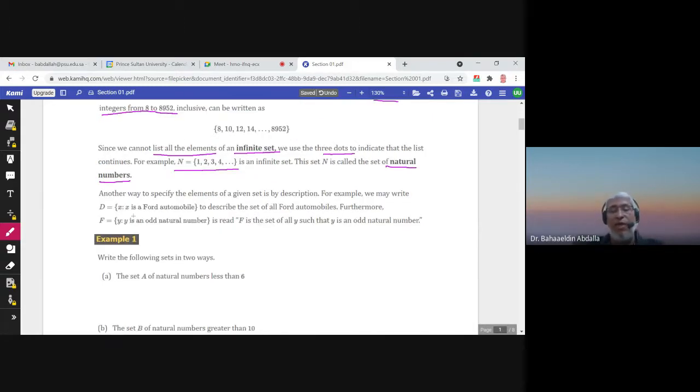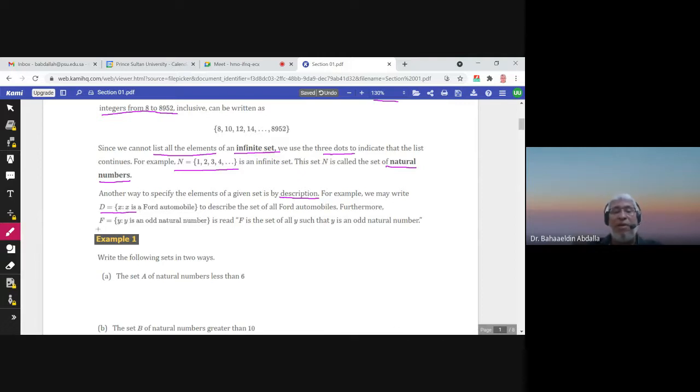The second way to specify the elements of a given set is by description. So instead of listing, you can describe. For example, if you write set D consists of all X such that X is a Ford automobile, you are describing the set of all Ford automobiles. This is how we read it: X such that X is a Ford automobile.